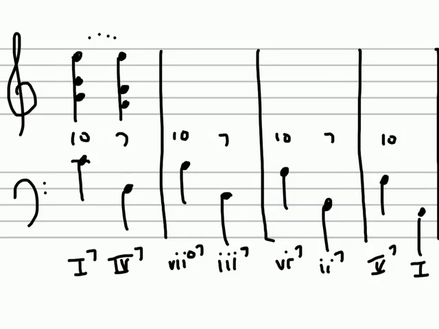We take the seventh of the 1-7, which is B. We take that down by step, and we end up with an incomplete 4-7. Root, root, third, seventh. We leave the fifth out. That's what we do with incomplete seventh chords.